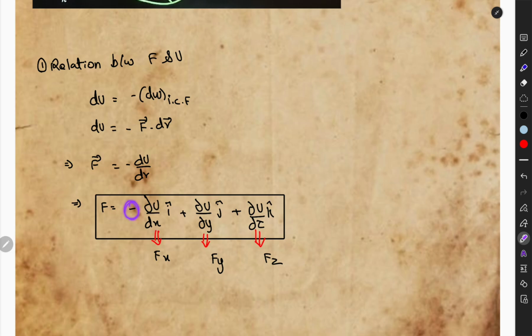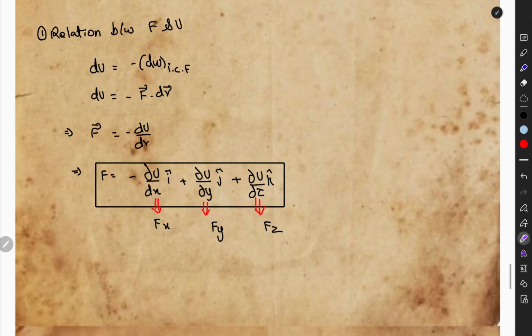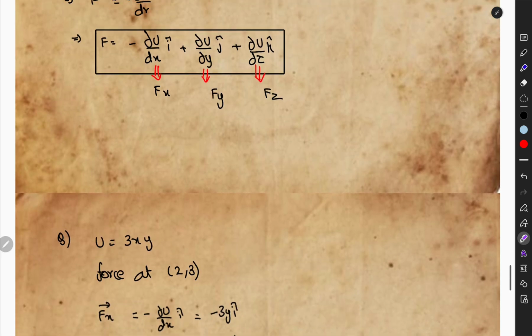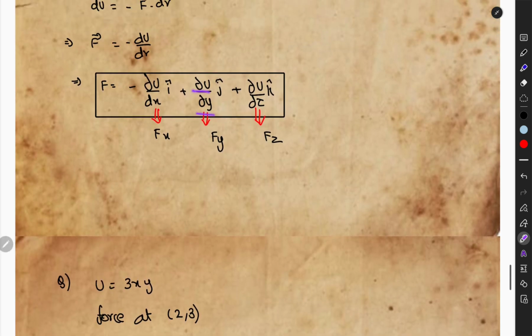Minus should be at the front, never forget this. This is partial differentiation, not normal differentiation. I hope you understand the difference.